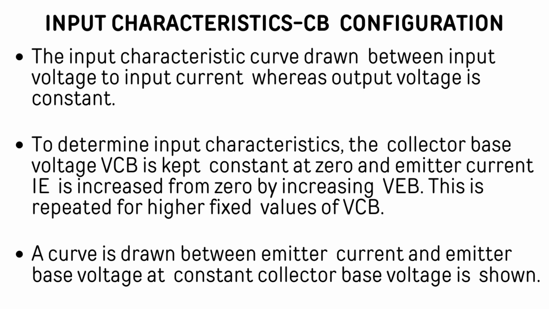This is repeated for higher fixed values of VCB. A curve is drawn between emitter current and emitter base voltage at a constant collector base voltage, as shown in the figure.